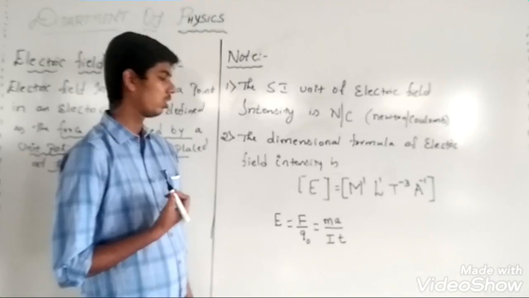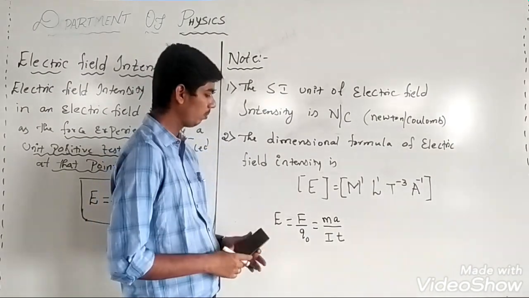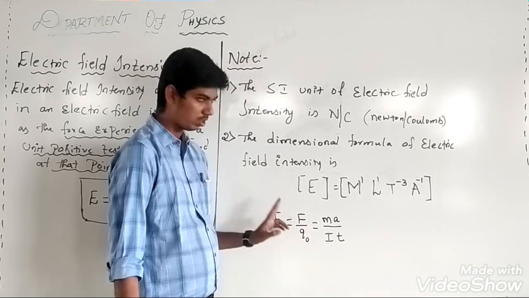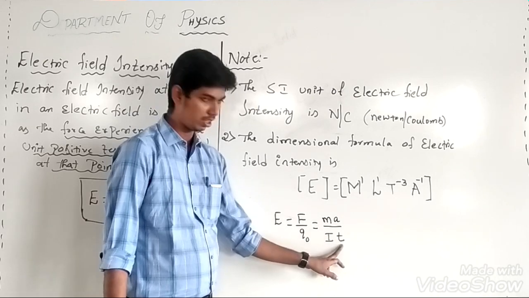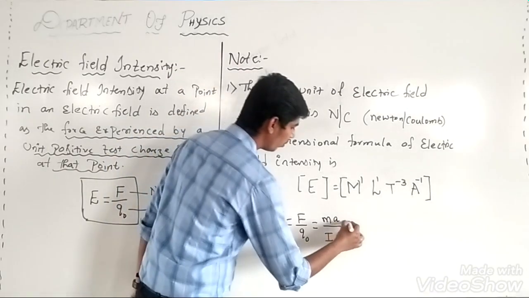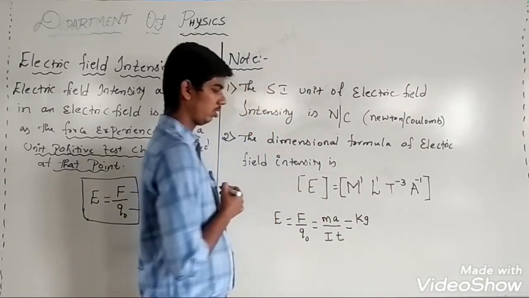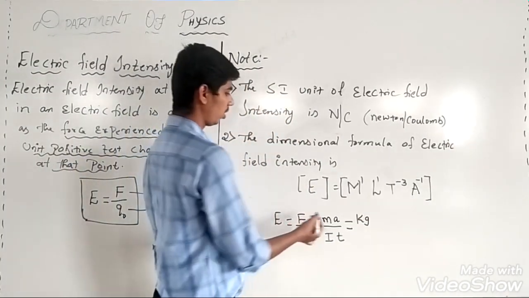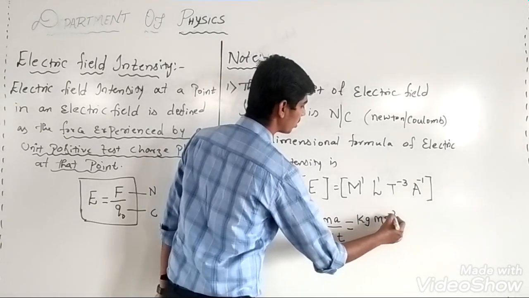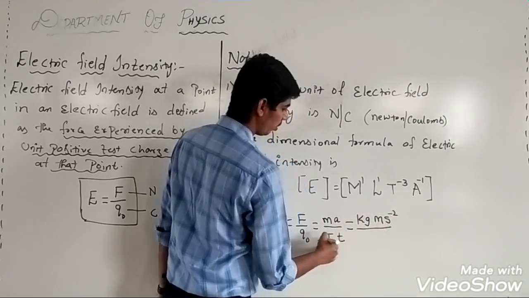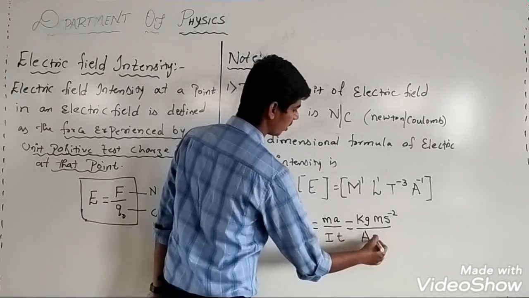Since we do not know what exactly electric current is at this point of time, you need to just make a note that charge can be expressed as current into time. We know mass can be written as kg in its SI units. The SI unit of acceleration would be meter per second square. The SI unit of current is ampere, and that of time is seconds.